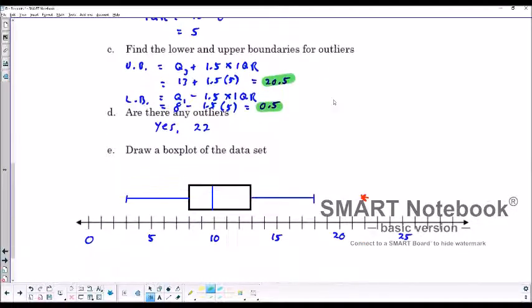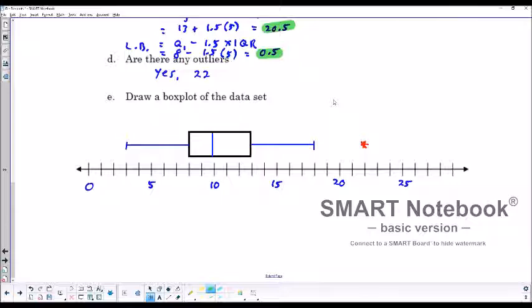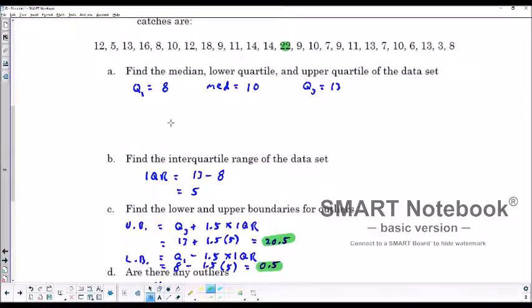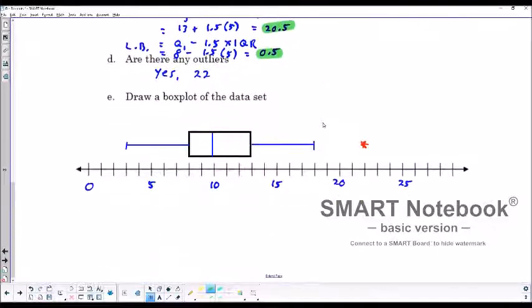So now when you draw the box plot, of course, we're going to do the same thing as we've done in the past. We've got our Q1, Q3, and median is 10. And then what we do is, the minimum value is at the end of the lower whisker, which is 3. We just double check to make sure that 3 is the lowest value here. And just scan across here, we see that 3 is the minimum value. And then the maximum value is actually the outlier of 22.